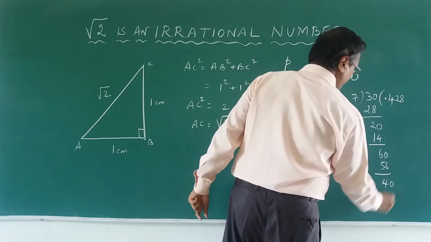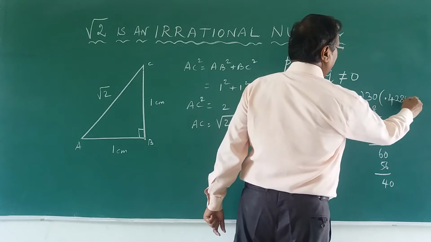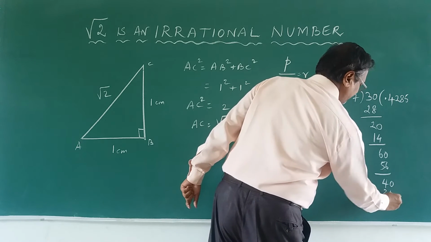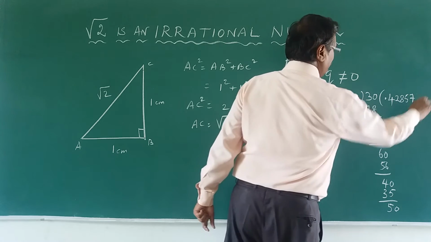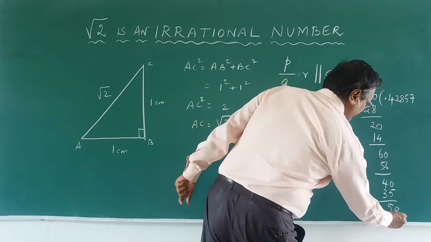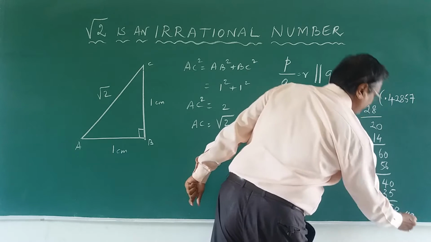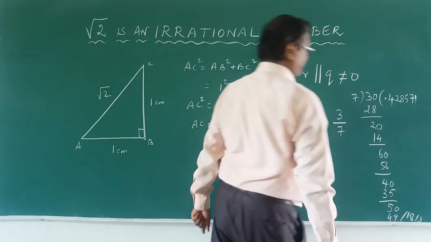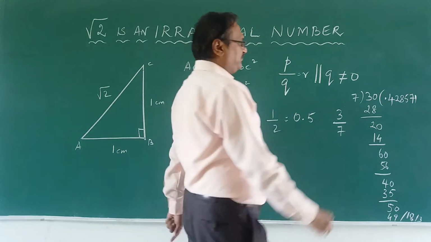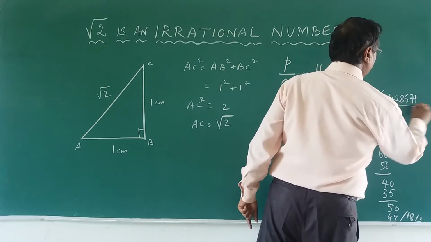Again 4, 40. That is 5 times it will go, that is 35. Again 5, 50, it will go 7 times, that is 49. And again you get 10, 1 time it will go, that is 7. Again remainder 3. Till then, if you see, it is remaining the same.